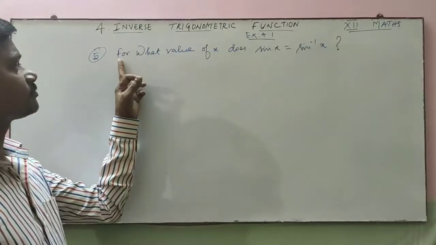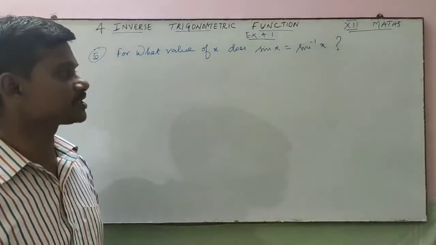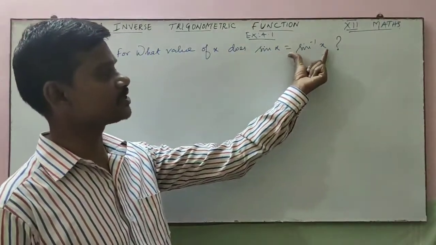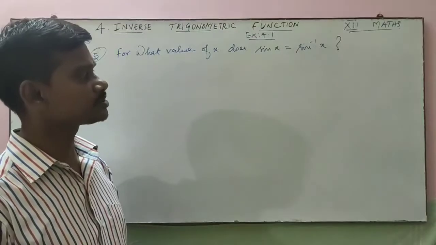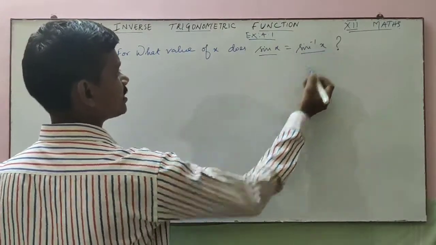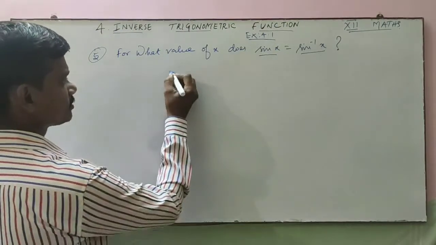Next, the fifth sum is, for what value of x does sin x is equal to sine inverse of x? We obtain the solution of sin x is equal to sine inverse of x at the point of intersection of these two curves. So we know that the sin x and the sine inverse of x both pass through the origin.